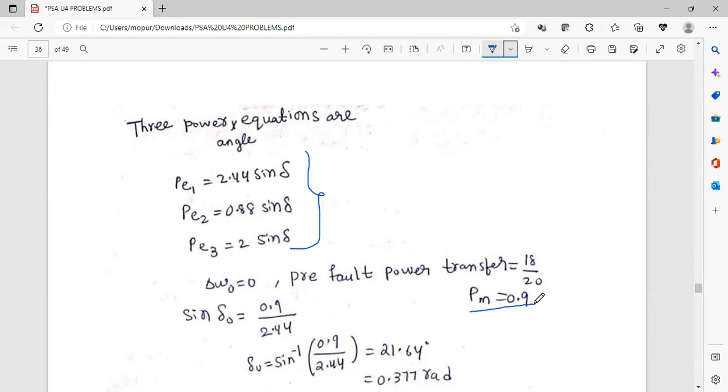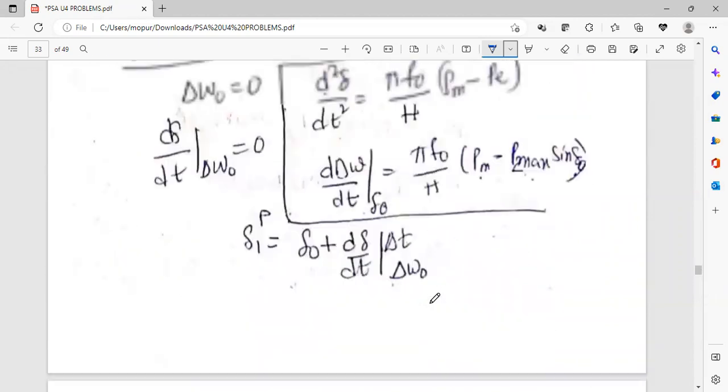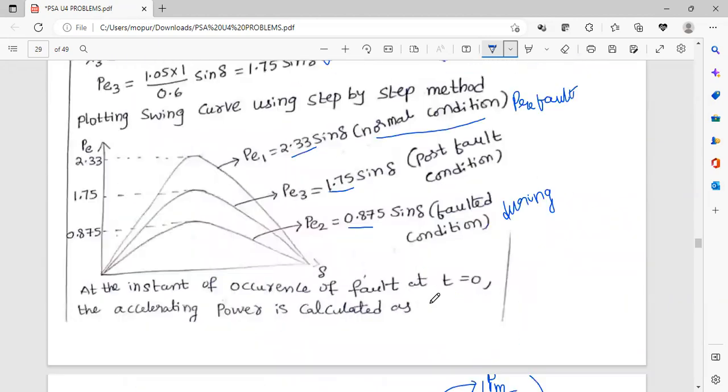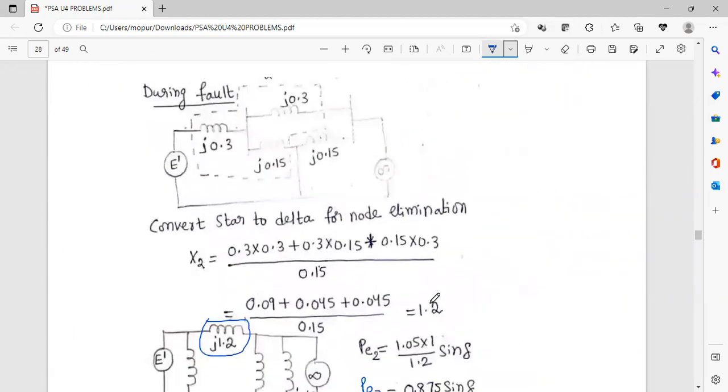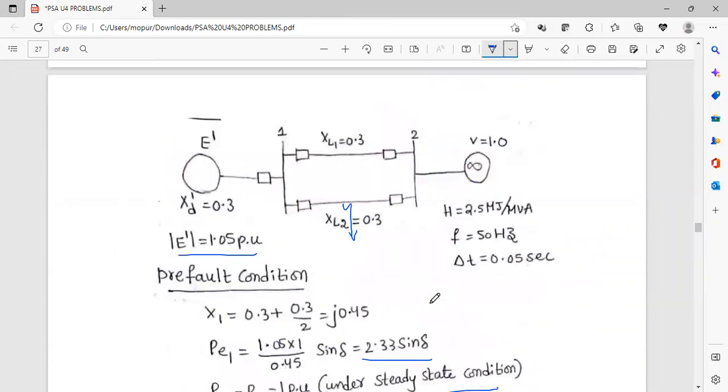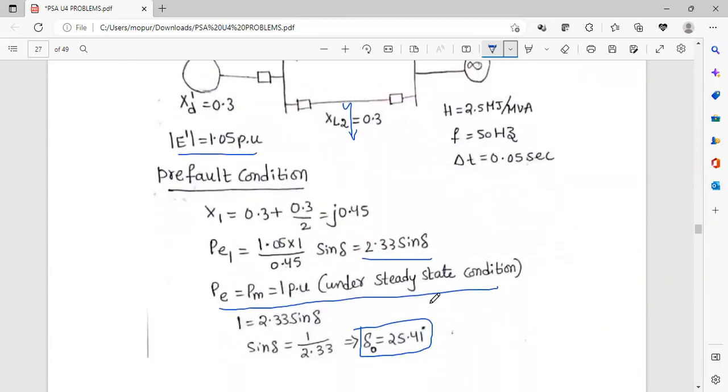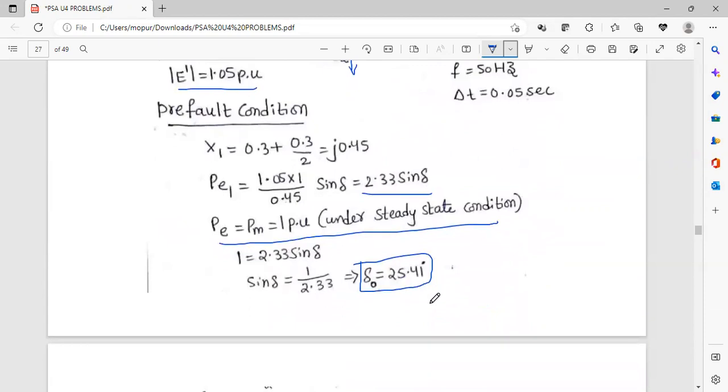When we are finding del naught, what is del naught? Del naught is equal to sine inverse of PM by PE1 max. That PM should be in per unit. So if they had not given it in per unit, you should convert it into per unit. In the previous problem, they had directly given it in per unit. See here, PM is 1 per unit.